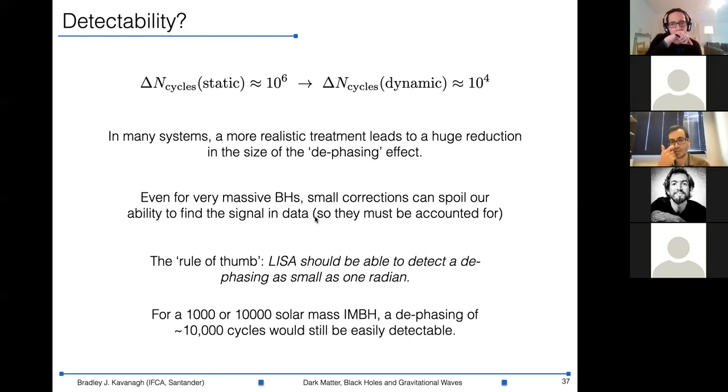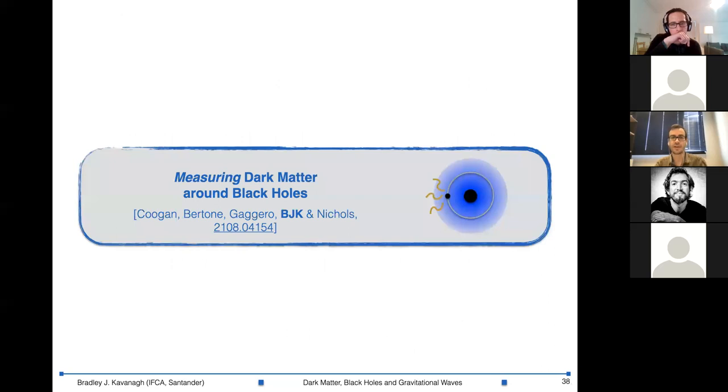So we need to take these things into account. The good news is that people use as a kind of rule of thumb that LISA should be able to detect a dephasing as small as 1 radian or maybe 1 cycle. And so we still have a little bit of hope to be able to actually detect this effect.